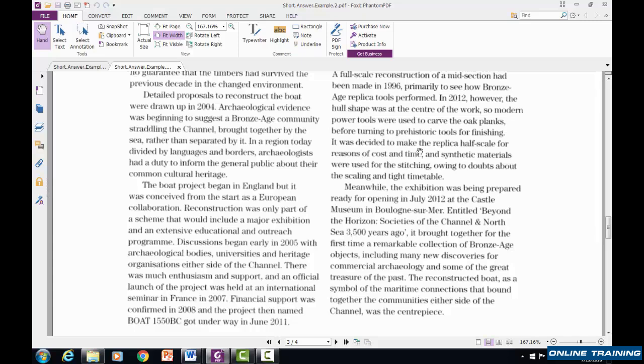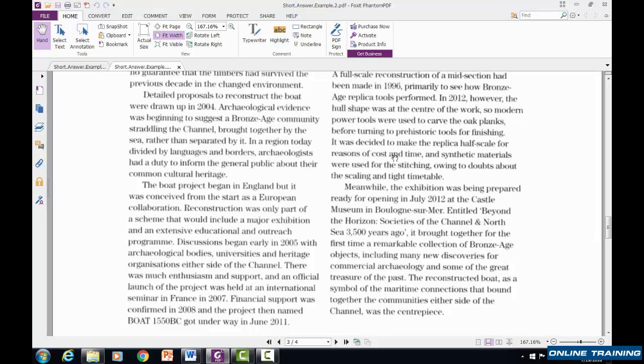It was decided to make the replica half scale. So this is talking about them not making it full scale, right? This is the same as them saying they're not going to make it full scale. Get it? Okay. It was decided to make the replica half scale for reasons of cost and time. There are the answers right there. Cost and time.